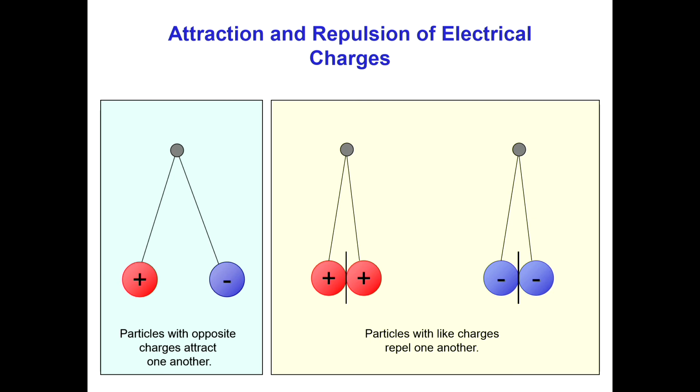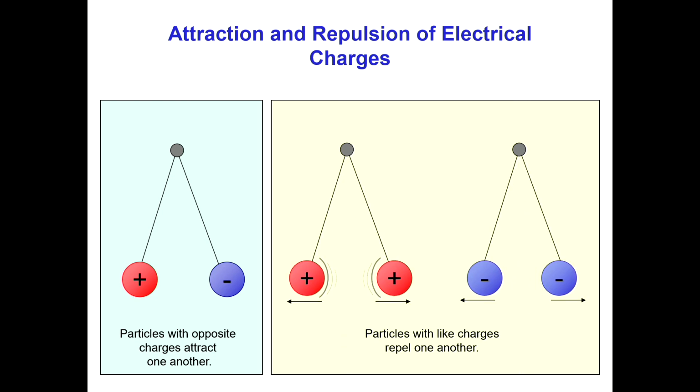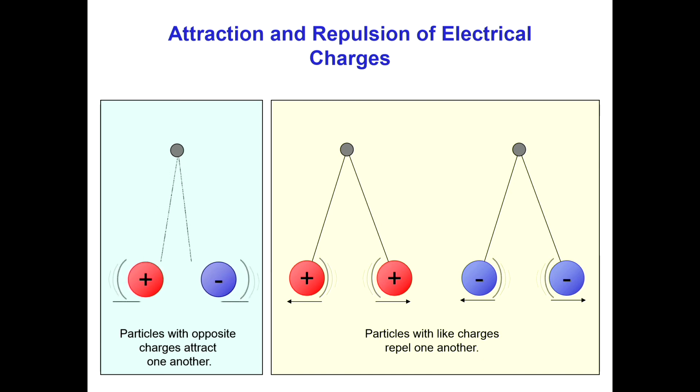Okay. And if they have the same charges, they will repel each other. Okay, if we separate, like this, right? They will separate from each other. So this is about the attraction and the repulsion forces between the atoms, between the ions.